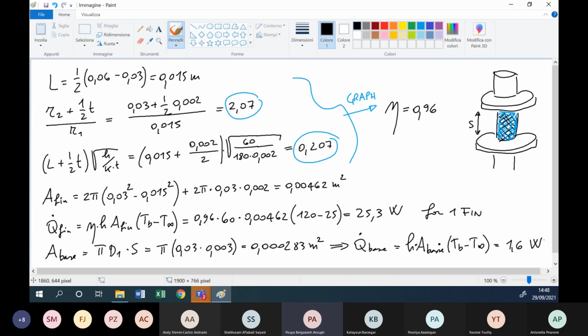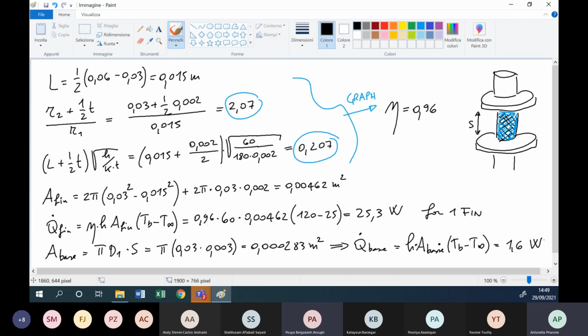In this page, we found two different values, 2 and 0.2. And after that, we went to the graph, the blue line, and found the efficiency. Am I right?